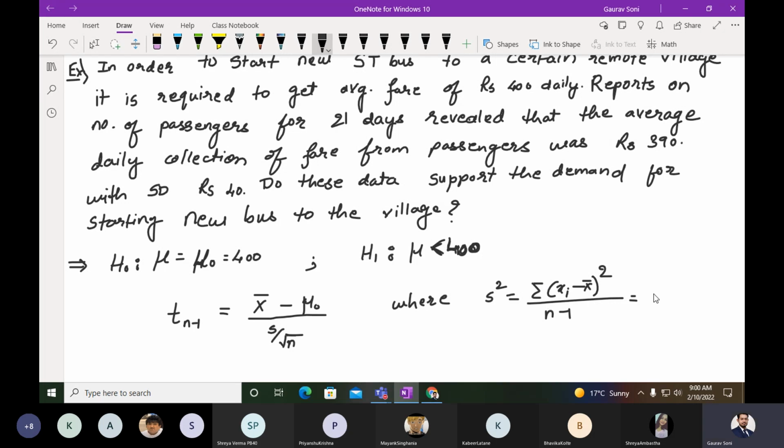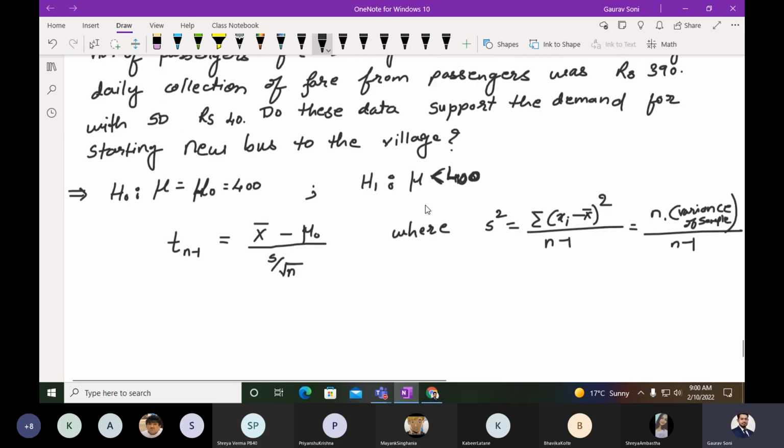If I multiply and divide by n, what I get is n into variance of sample divided by n minus 1. So let's put the values.